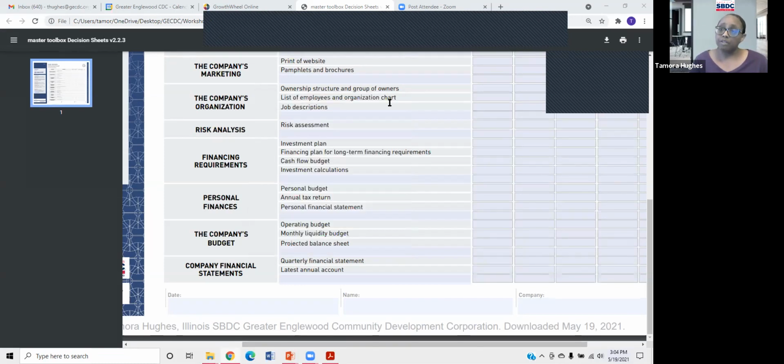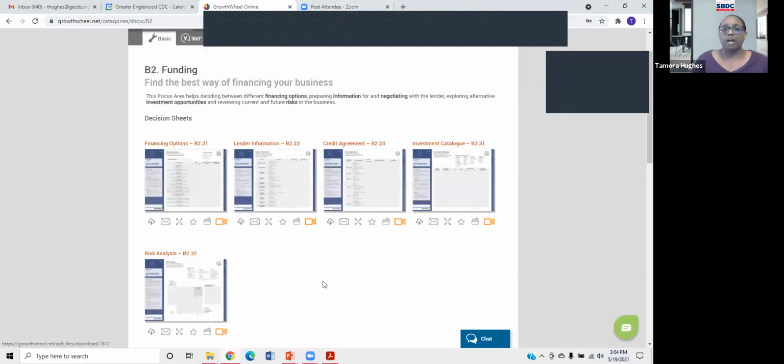I know some of the loans and the programs that the SBA has right now are really specifically related to COVID and not necessarily startup. So if you have an existing business that has been affected by the COVID-19 pandemic, there are some opportunities out there to help you.